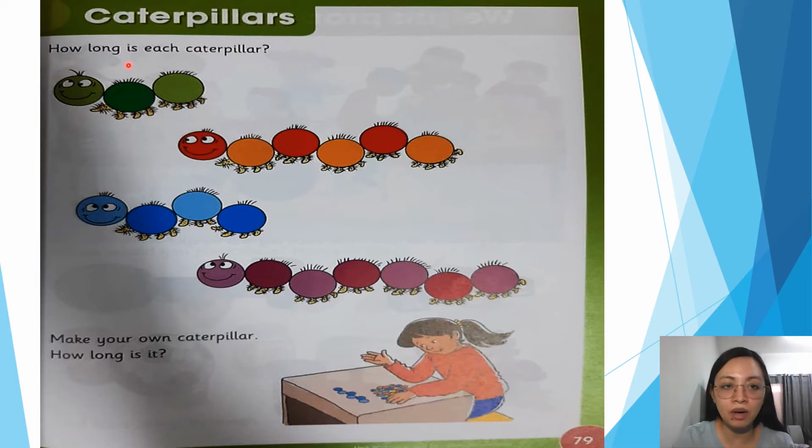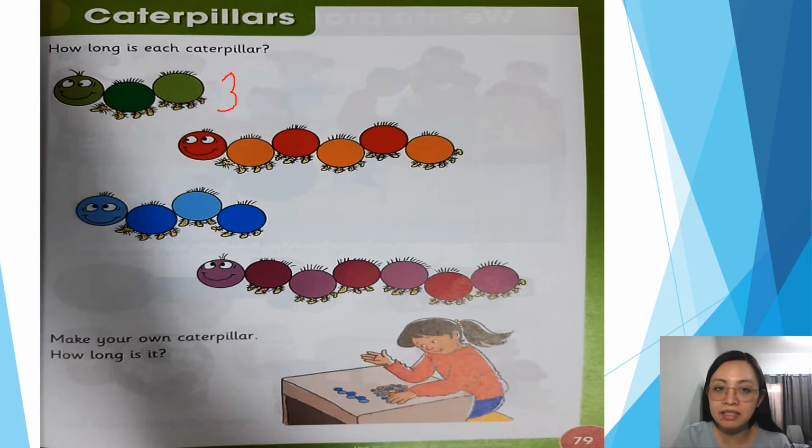How long is each caterpillar? Let's have first the green one. It is 3 circles long. In order for us to know how long, we have to count the circles in the caterpillar. So 1, 2, 3. So this caterpillar is 3 circles long, right?